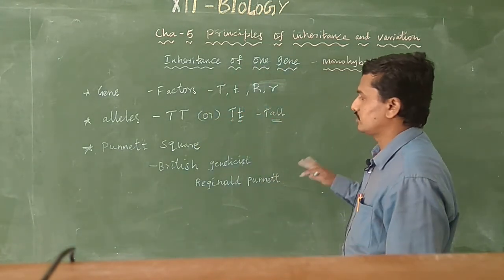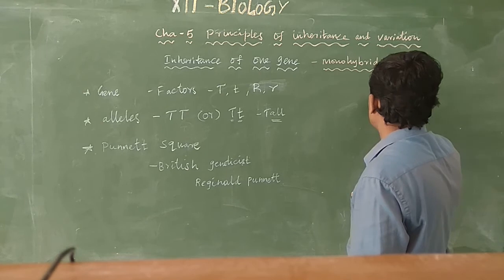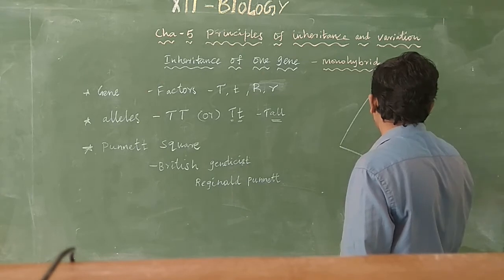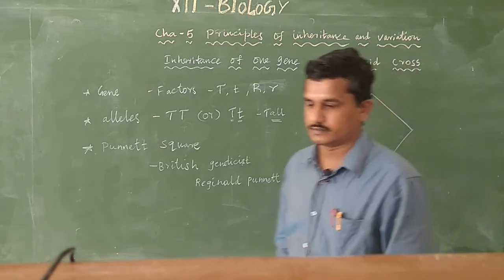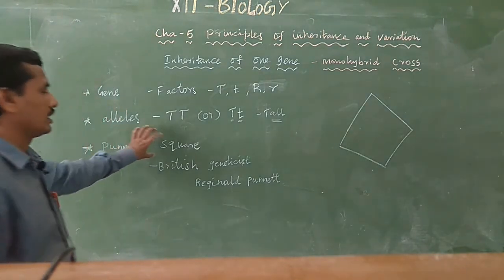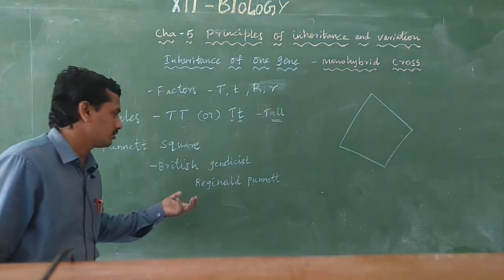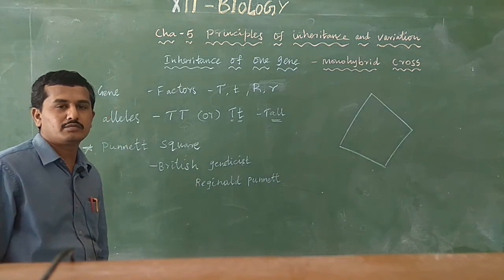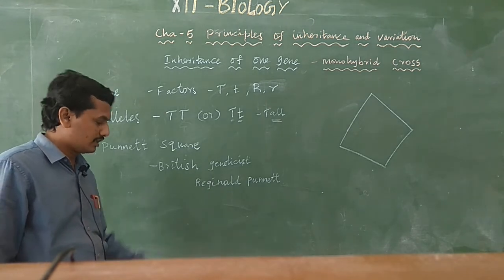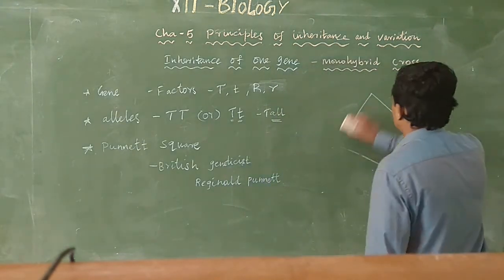In the monohybrid cross, normally we use one technique, but in some places another technique is used: a square for the F1 and F2 generations. The Punnett square was formulated and introduced by the British geneticist, the scientist who studies genetics, Reginald Punnett.